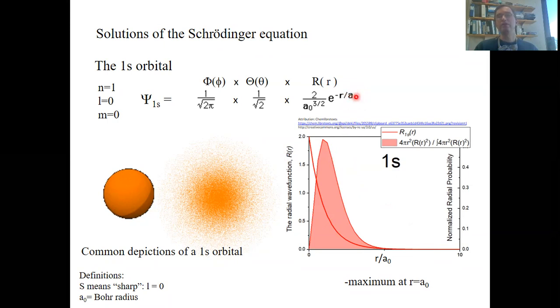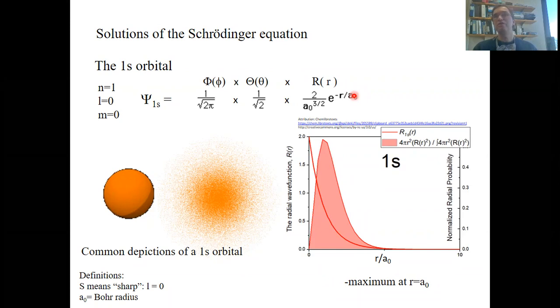a0 is nothing else but the Bohr radius, and the Bohr radius is nothing else but the first radius of the electron in the hydrogen atom. We calculated that Bohr radius previously. It was 5.29 times 10 to the minus 11 meters.